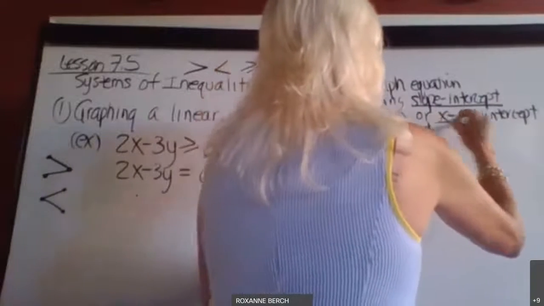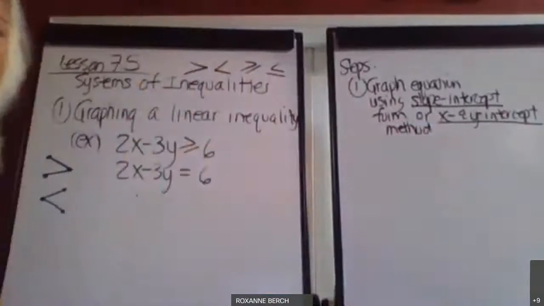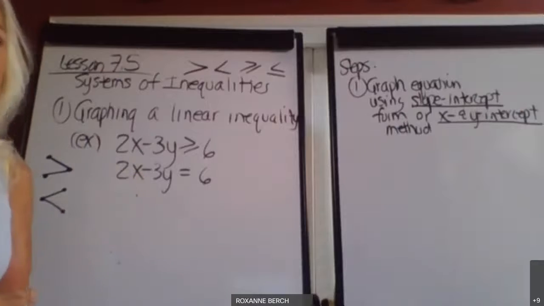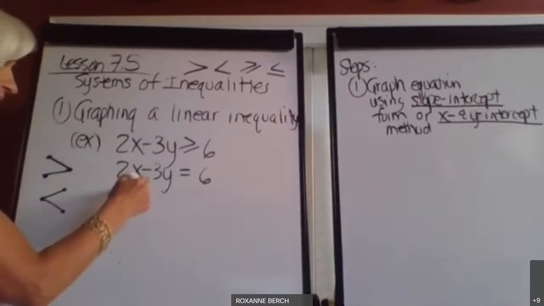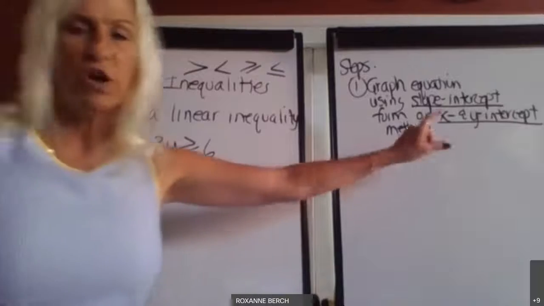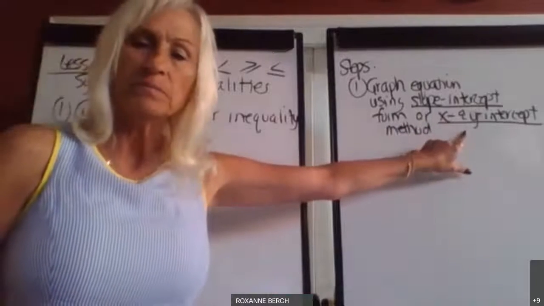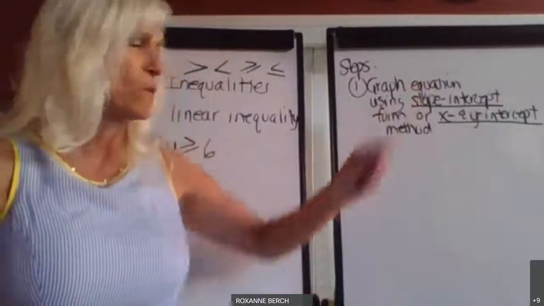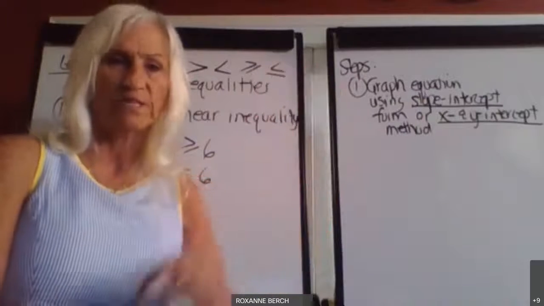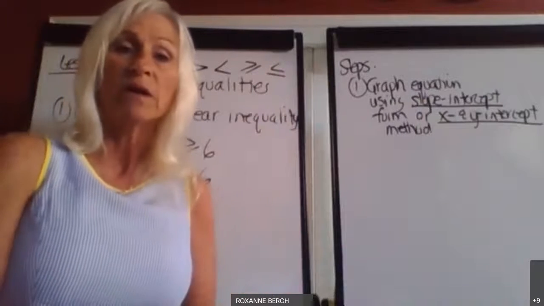So you want to be able to pick a nice way to graph. This one is not easy to solve for y because there's a -3 and a 2x, it's just not easy. So I'm going to show you how to use this method. If it's easy to solve for y, you're going to use slope-intercept form where you find the slope and the intercept. And I'm going to do both of them.